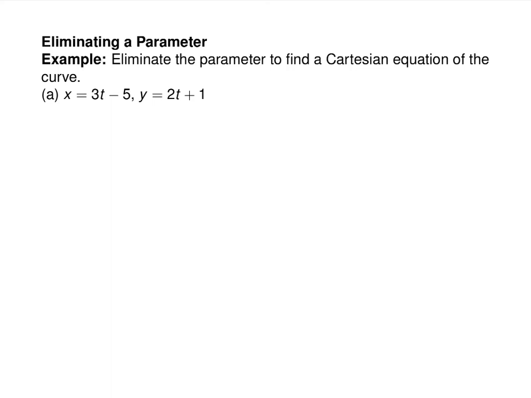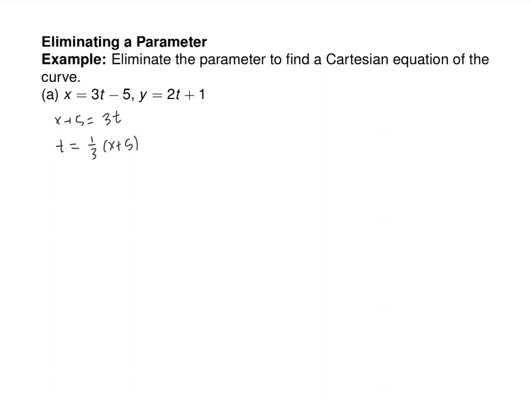So here you can solve either one for t. I'm just going to choose to solve x for t. So x plus 5 equals 3t, and t will equal 1/3 times x plus 5.